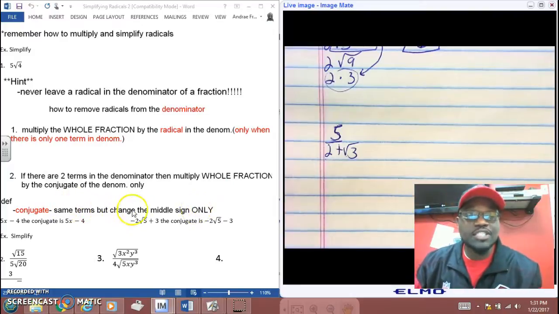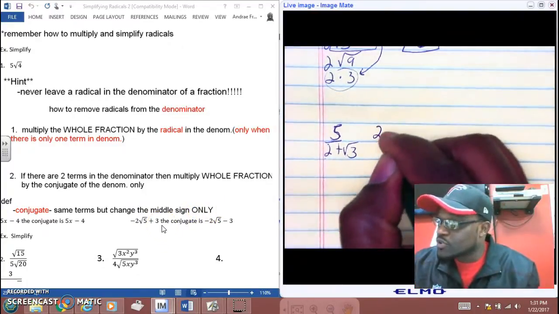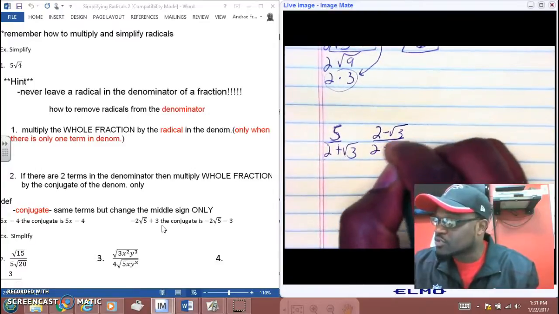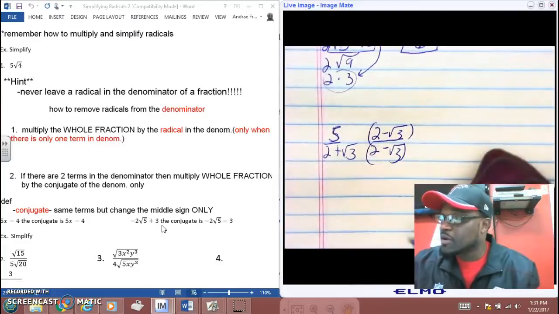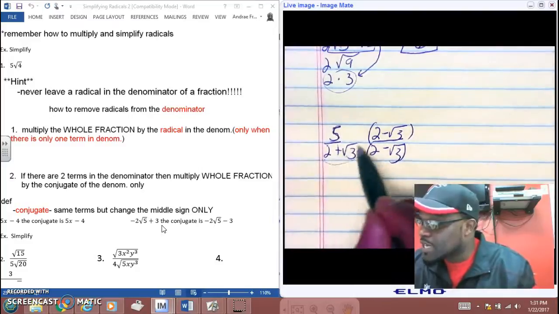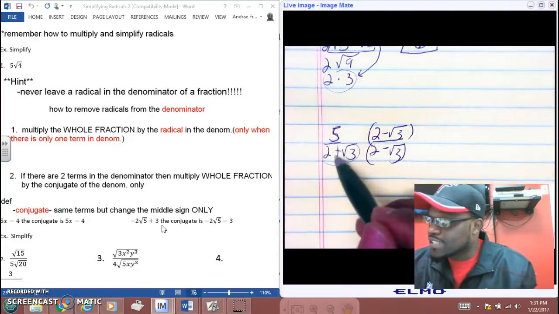Same terms, but change the middle sign only. So that means I do 2 minus the square root of 3. This is called the conjugate. I multiply the top, the numerator, and the denominator by that. Okay, where did I get that from? The denominator. I got 2 terms, so I take the conjugate.